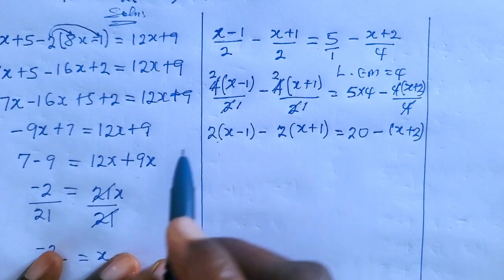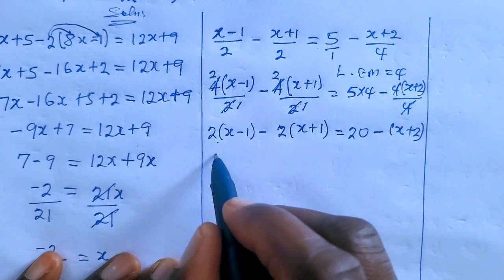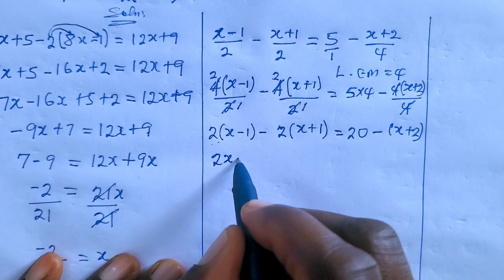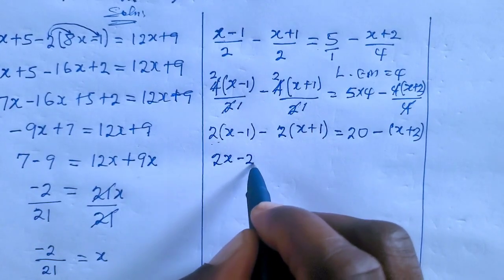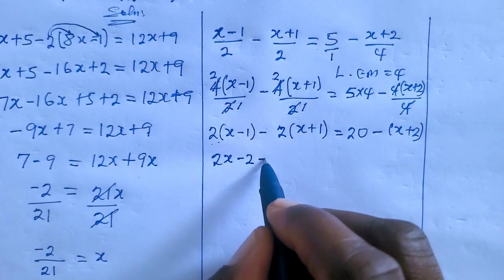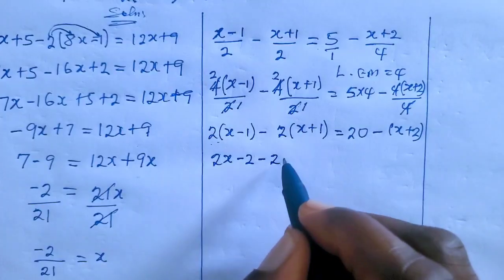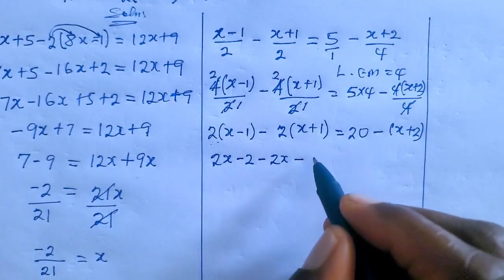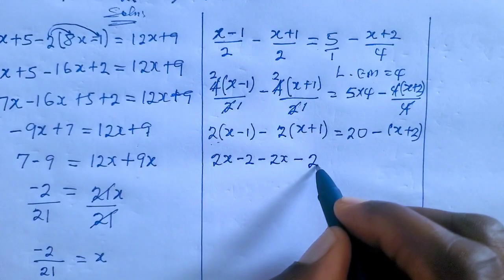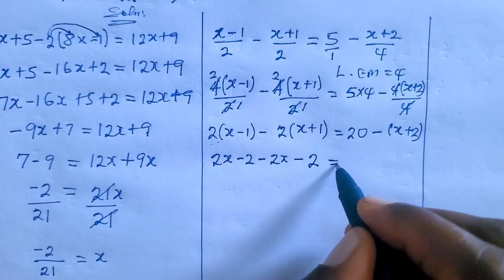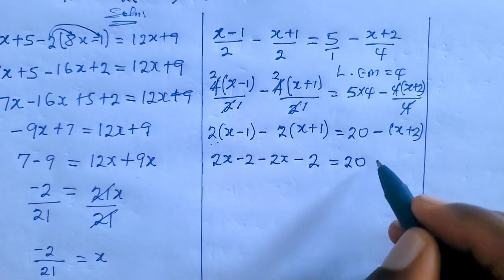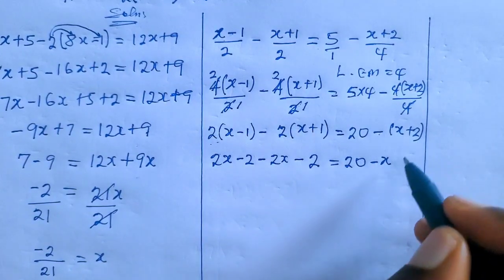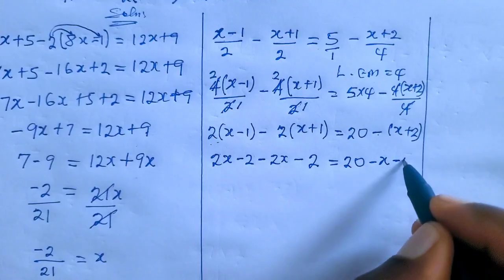Now if you do that, you are going to have here 2 times x, that gives us 2x, then 2 times minus 1, that gives us minus 2, minus 2 times x, that gives us 2x, then minus times plus, that gives us minus, then 2 times 2, that gives us 2, minus 2, we have here equals 20. Here minus times x, that will give us minus x. Here minus times minus 2, that will give us plus 2 here.